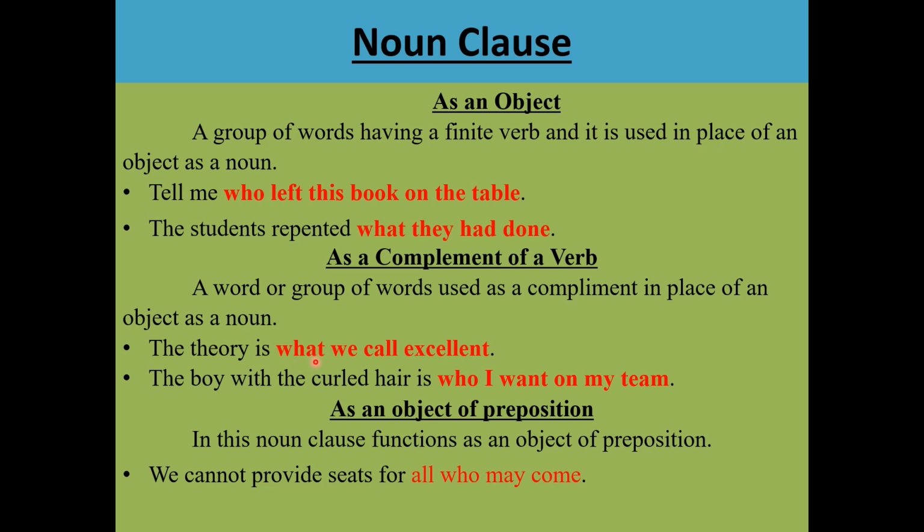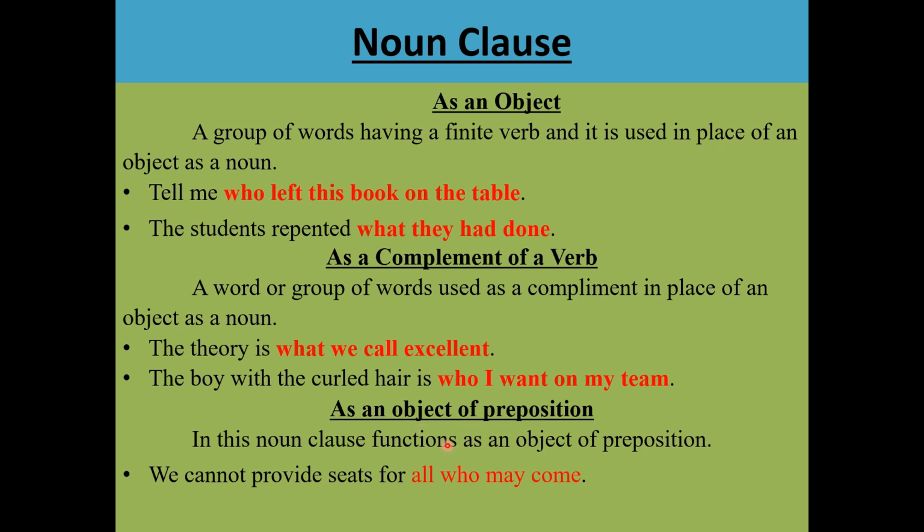The theory is what we call excellent. तो बच्चों जब आप verb के बाद, अब ये कौन सा verb है, when we use linking verb और being verb, जब हमारे linking और being verb के बाद कोई words आए तो those words are considered as complement, and in the complement we can either have noun clause or an adjective clause, but over here this is a noun clause. The theory is what we call excellent. The theory is good, the theory is bad, so we can use even adjective or we can use noun, but over here this is a noun clause.